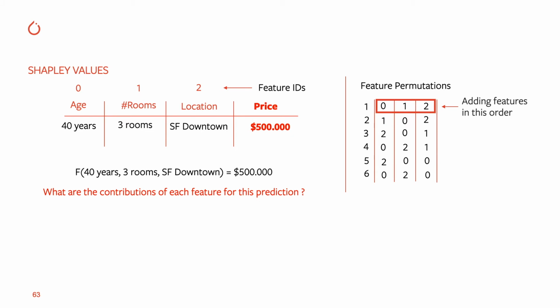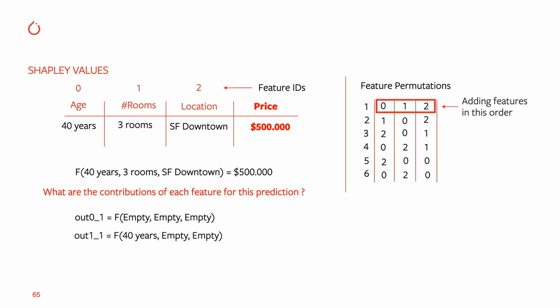Let's start from the first permutation. In the very beginning, when none of those features contribute to our prediction and their values are empty, we would like to compute the function value for the case when all of the features are empty. And this will also define a baseline for us. So we denote that baseline for permutation 1 as O_0_1.